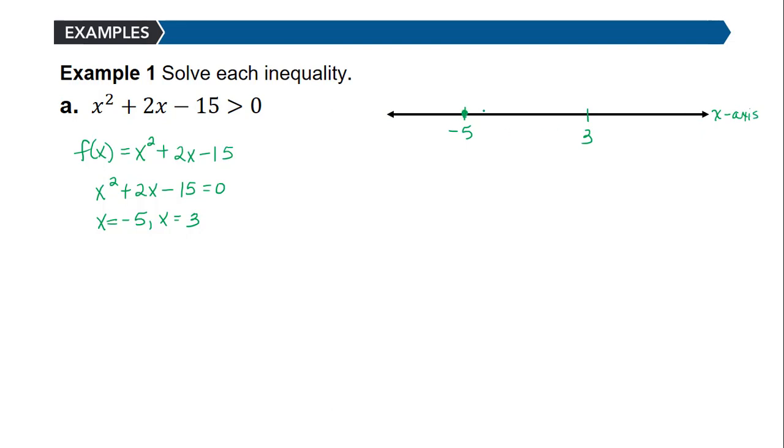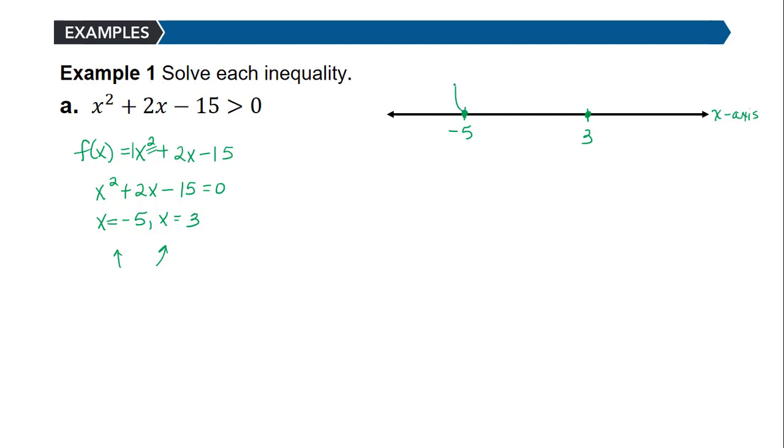Well, I know that the graph is going to have a point at those two values on the x-axis because those correspond to the x-intercepts. And I also know that this polynomial function is a quadratic. The graph is a parabola. It has an even degree and a positive leading coefficient, which means that it's going to go up to the right and up to the left.